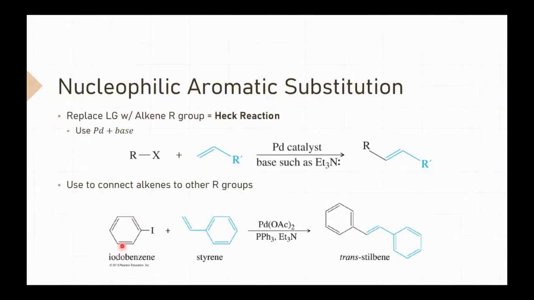So if we use it on a benzene ring with a good leaving group, it will attach at the tip of the alkene, as long as we have that palladium there and a base. This molecule will replace that I and attach where the tip of that alkene is. So we'll add just like this. So that's the Heck reaction.